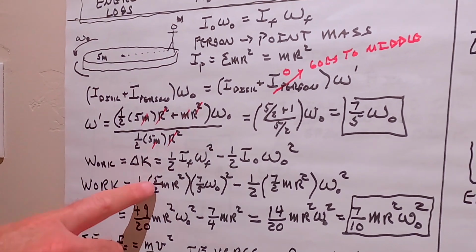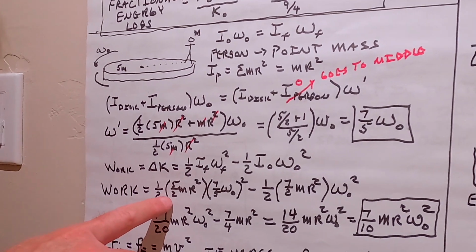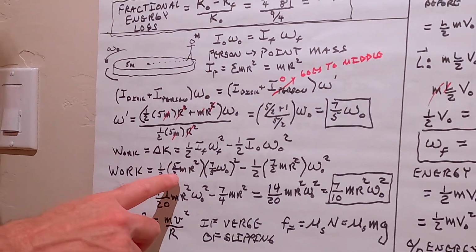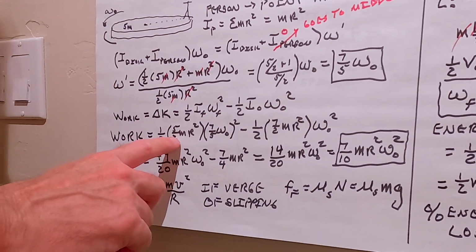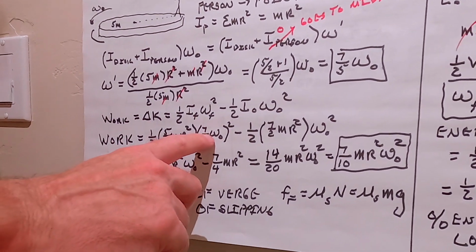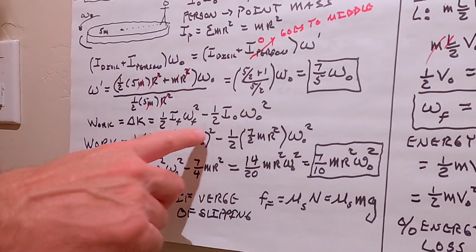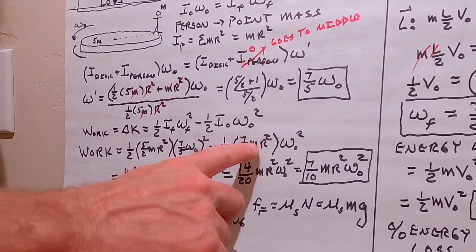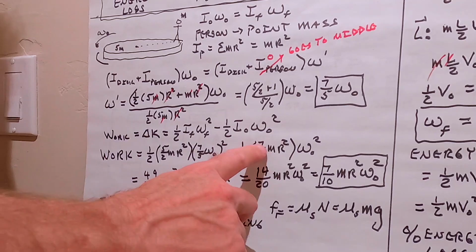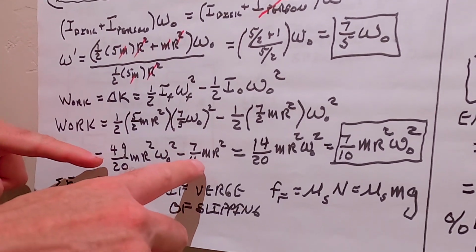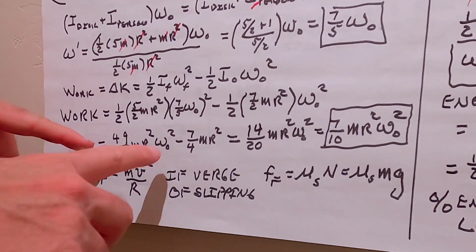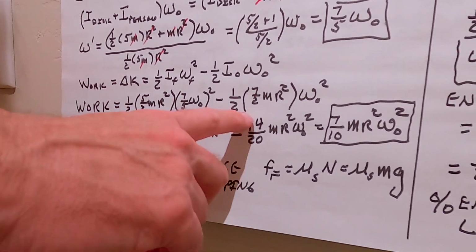The final I is 5/2. We already knew that right there, because that was just this term right here. It was 5/2, just the disk. Omega final squared minus 1/2 I naught, which is the sum of the two, omega naught squared. So if we just subtract those two terms, I can factor out and get a common denominator here.